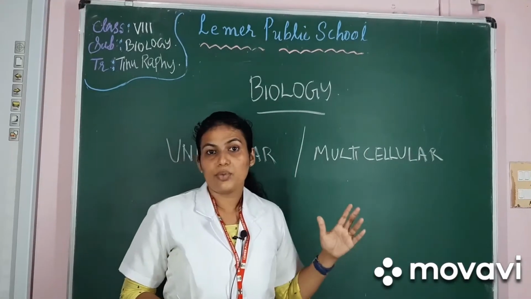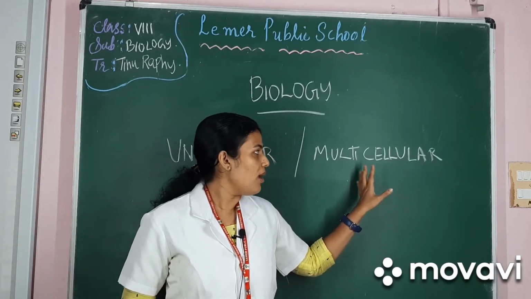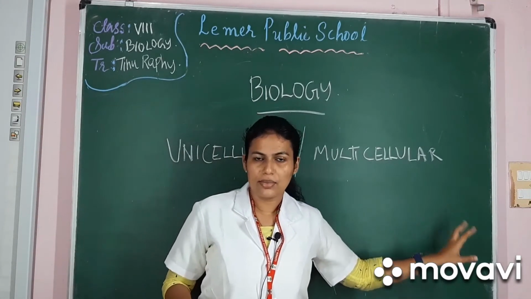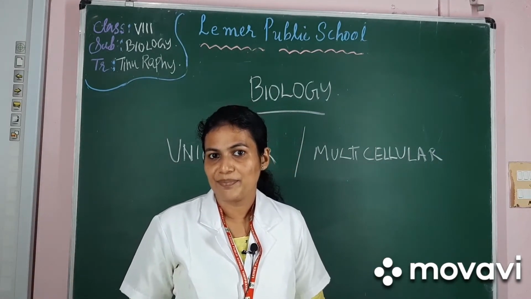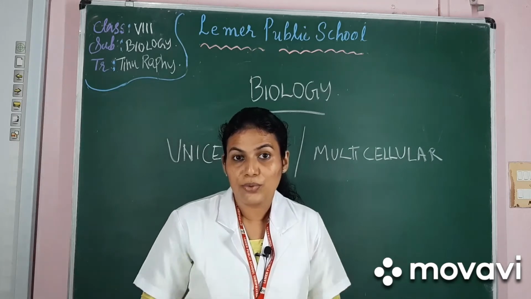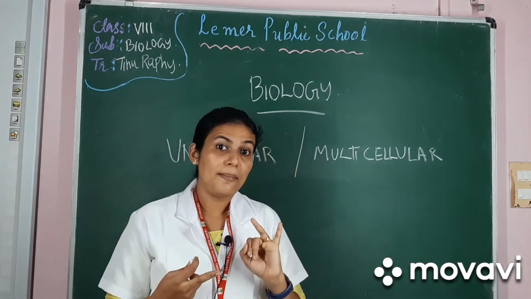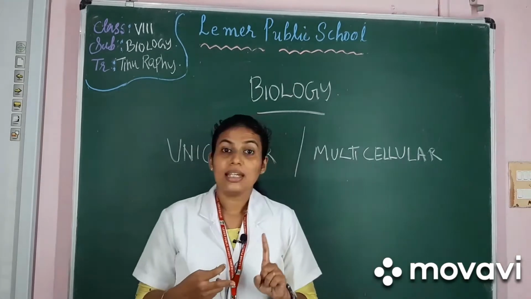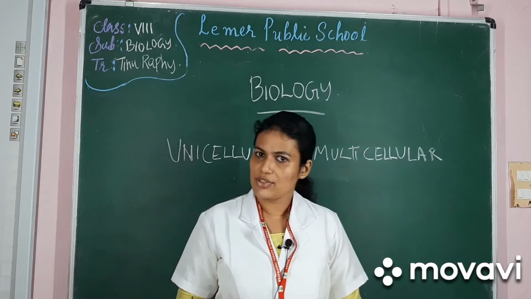And organisms which are made up of many cells, more than one cell, are called multicellular organisms. Can you give me a few examples of multicellular organisms? Yes, each one of you is a multicellular organism. That means human beings, plants, animals, insects, all belong to multicellular organisms.